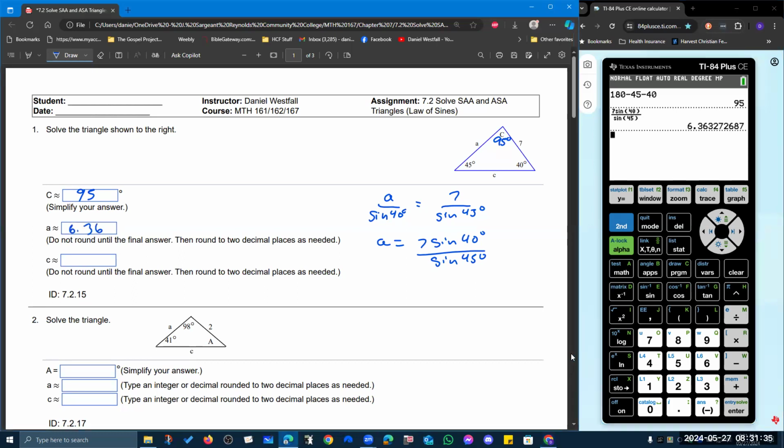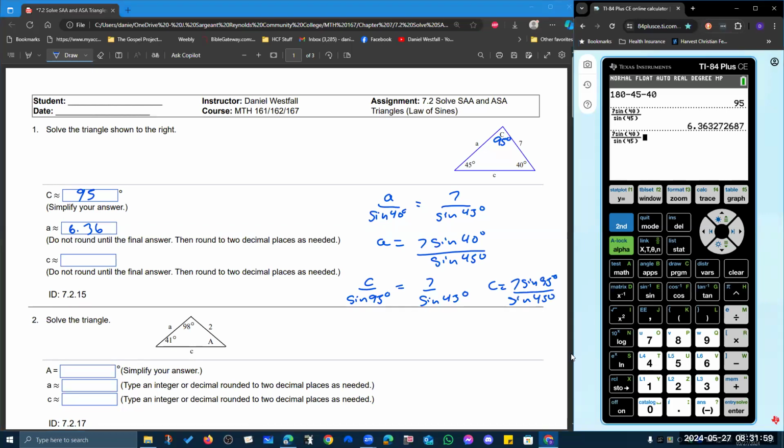6.36. And then for side C, we're going to have C over sine of 95 degrees is equal to 7 over sine of 45 degrees. So C equals 7 sine of 95 degrees over sine of 45 degrees.